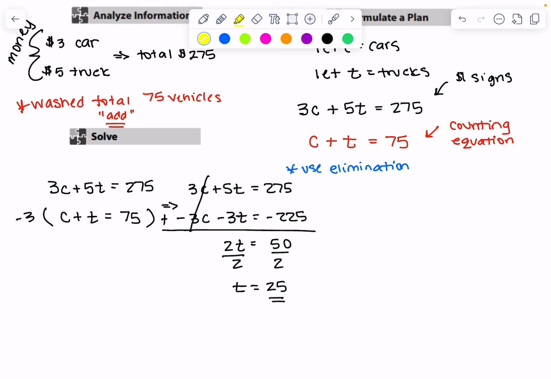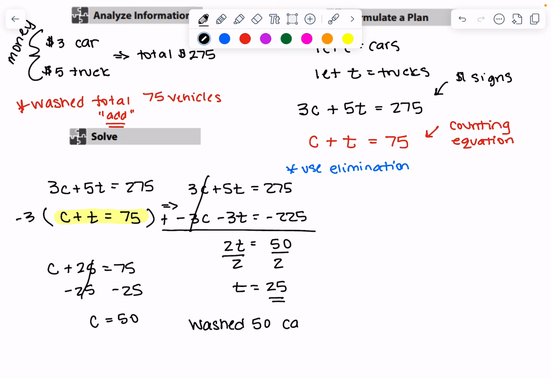And I'm going to pick this equation because it's way easier to plug into. All I need to do is say c plus 25 equals 75. Subtract the 25 on both sides, and you get c equals 50. So they washed 50 cars and 25 trucks.